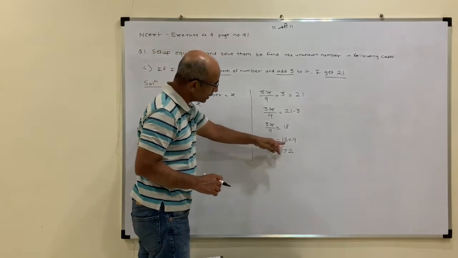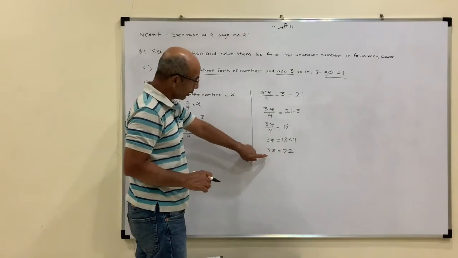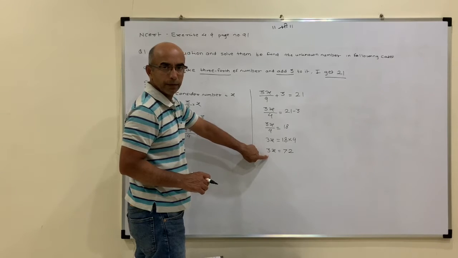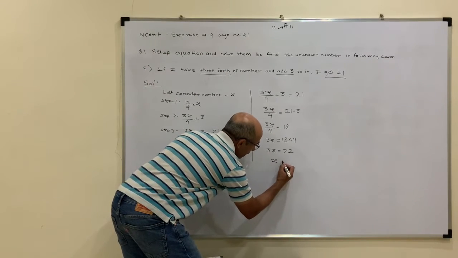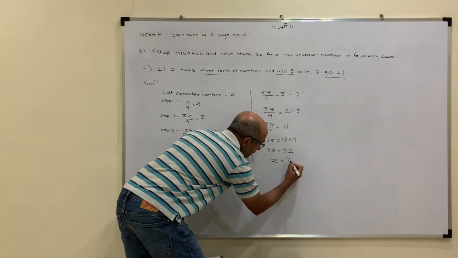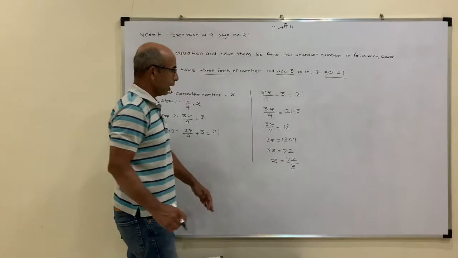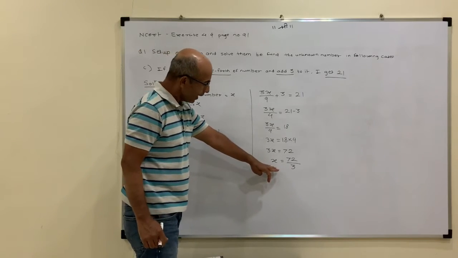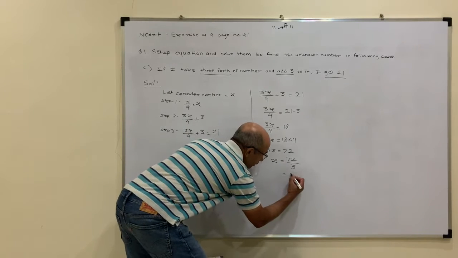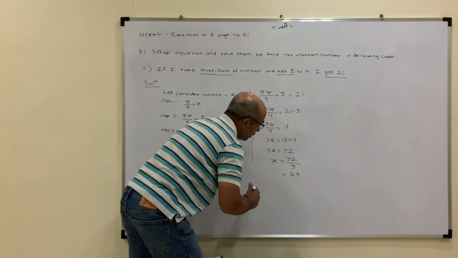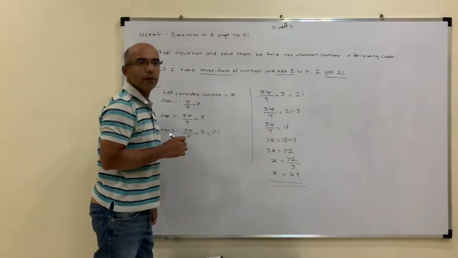Now so 3x equals 72. Now I am going to transpose this 3 which is multiplied on the left hand side onto the right hand side. So x equals 72 divided by 3. 24 3s are 72. So my value of x comes out to be 24.